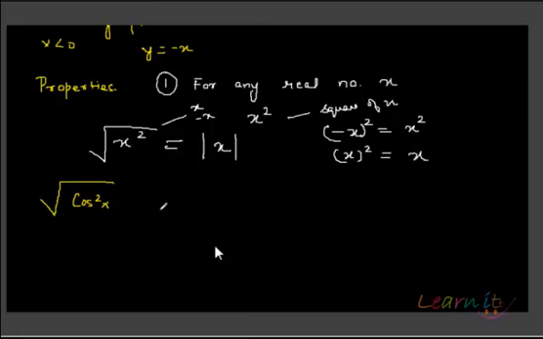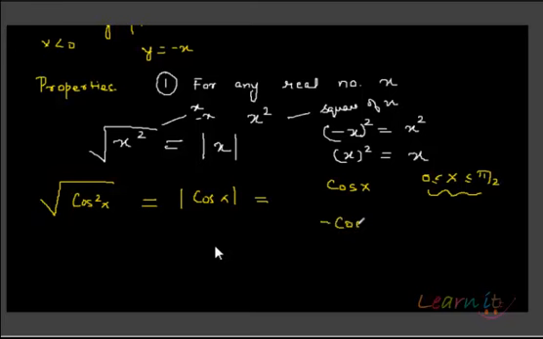Now, for example, the square root of cos square x will actually be modulus of cos x. By modulus here, what do we mean? It will be cos x between 0 and pi by 2, in the first quadrant.